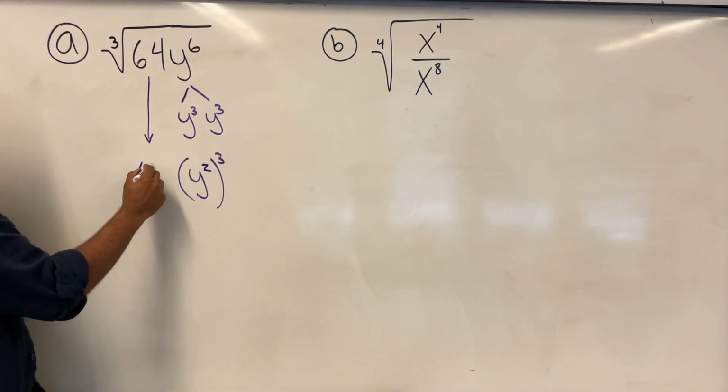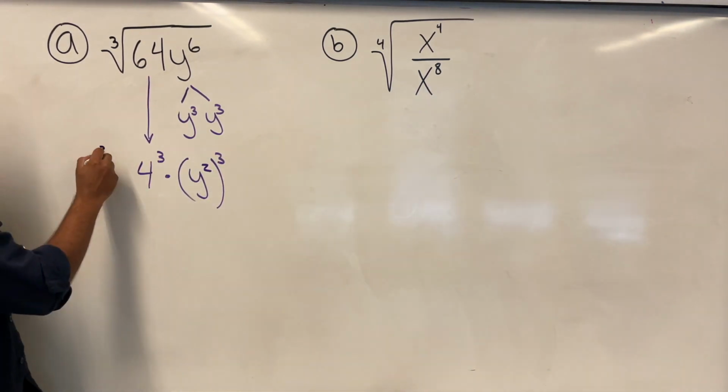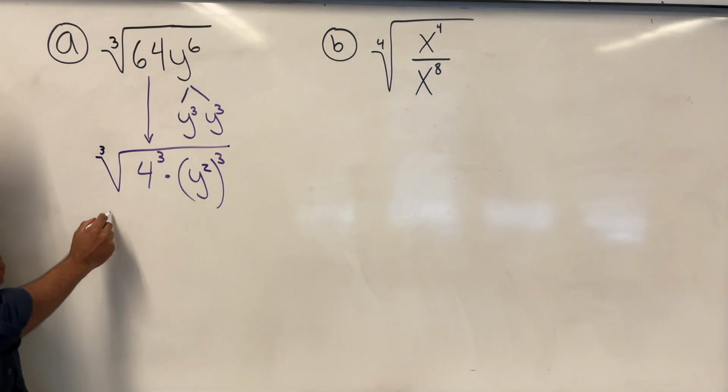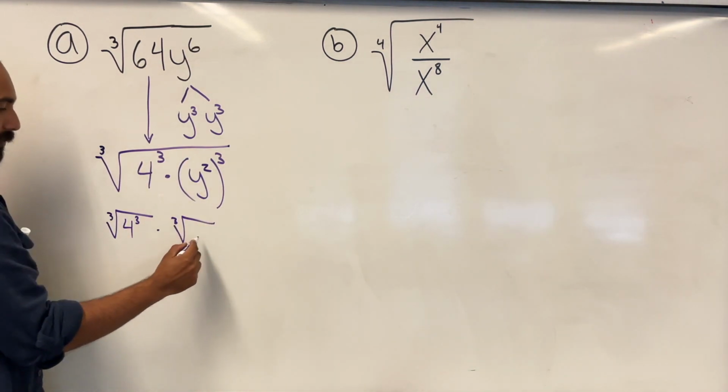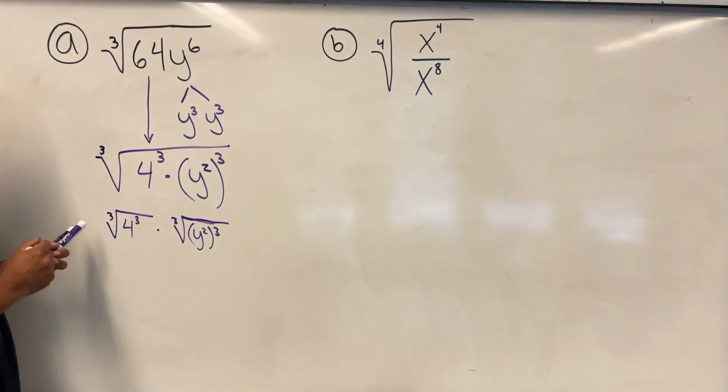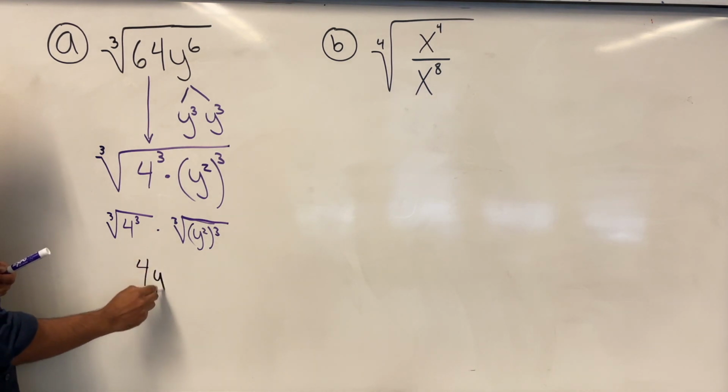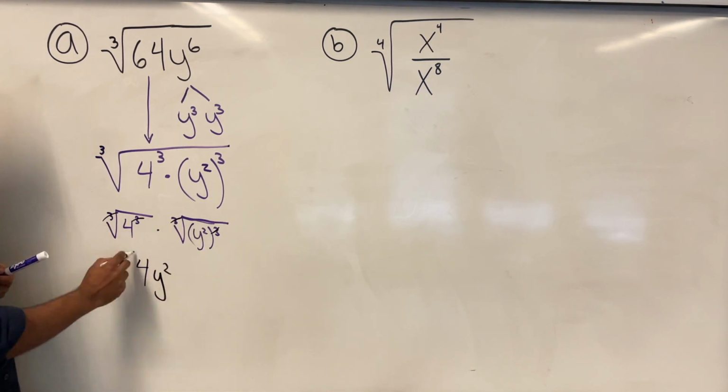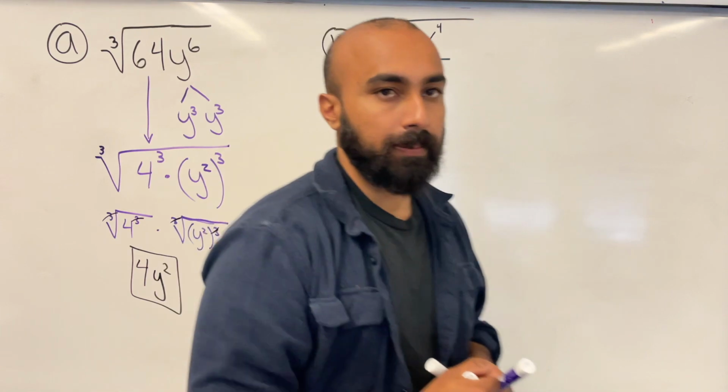Either way works. Now, 64 is 4 to the 3rd. So what I'm seeing is I have a bunch of third powers here. And third powers cancel out with third roots. So I have 4 times y squared as my final solution.